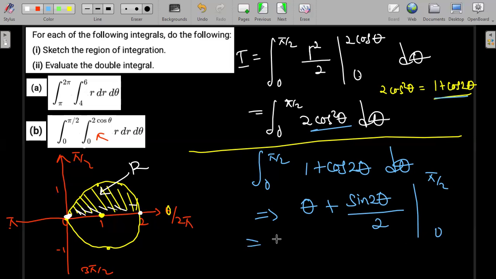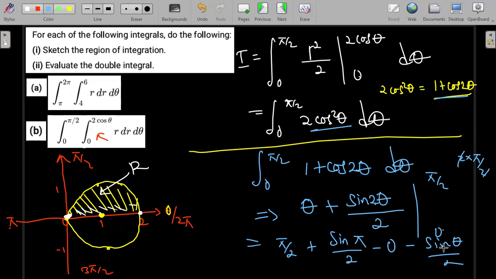So my integral will be pi over 2 plus sine of 2 multiplied by theta, but theta is pi over 2, so it's 2 multiplied by pi over 2, all over 2. The 2 and the 2 go, so this will just be sine pi divided by 2. If I put 0 there, it will be 0, and then minus sine 0 over 2.